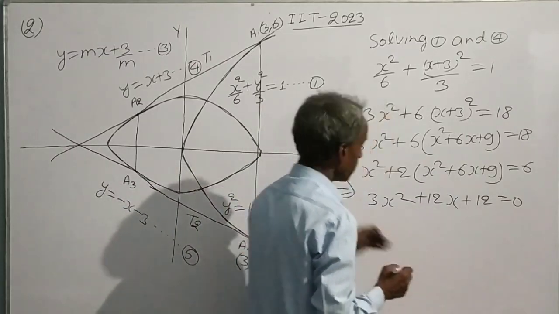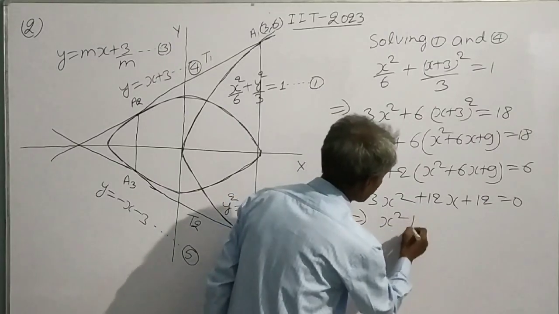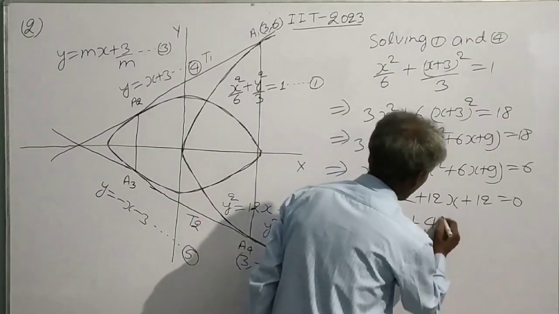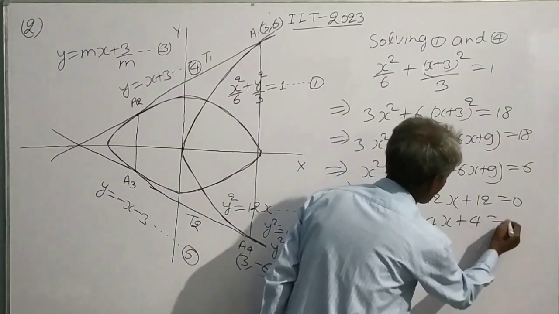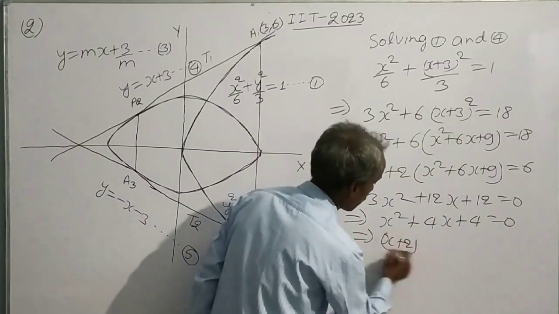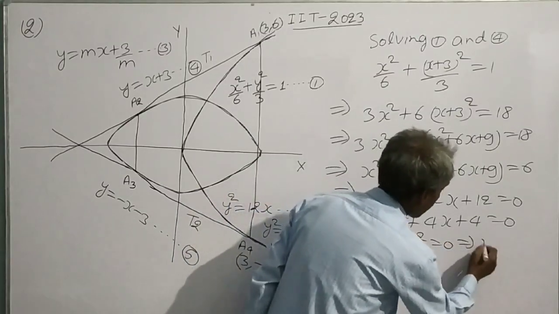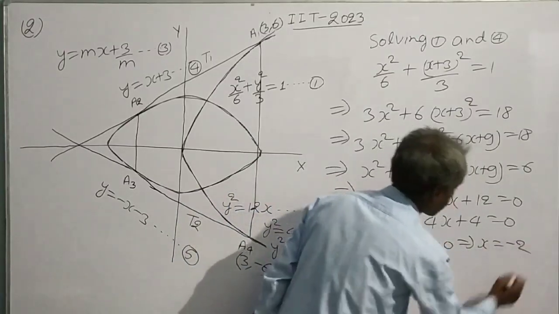Dividing both sides by 3, we get x square plus 4x plus 4 is equal to 0. This implies x plus 2 whole square is equal to 0, so x is equal to minus 2.